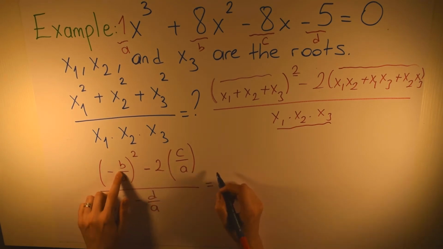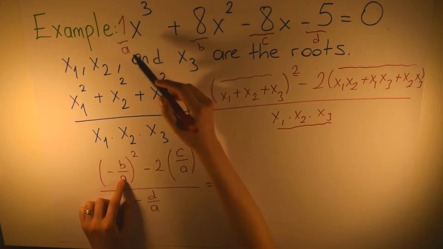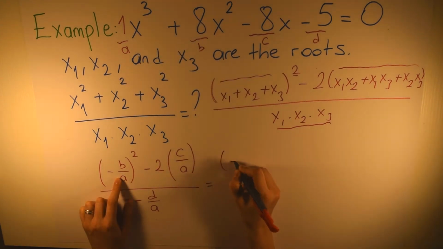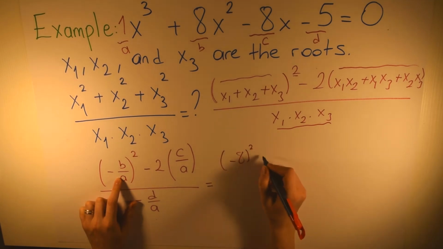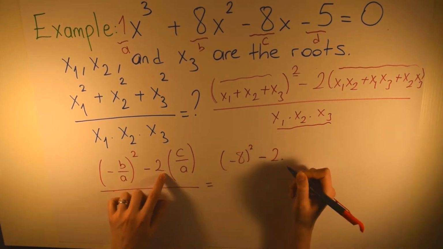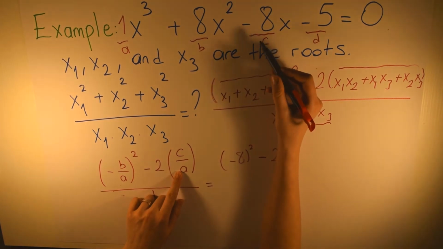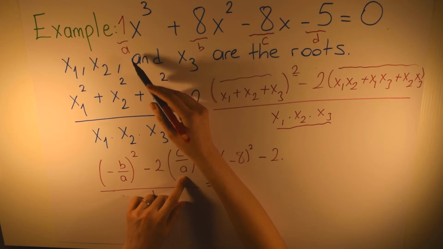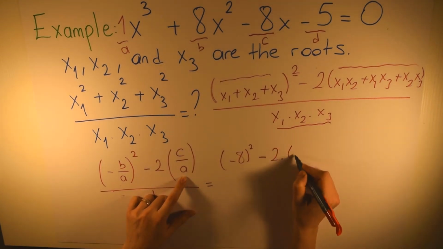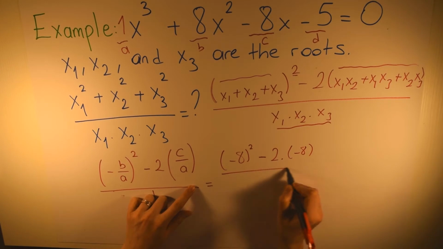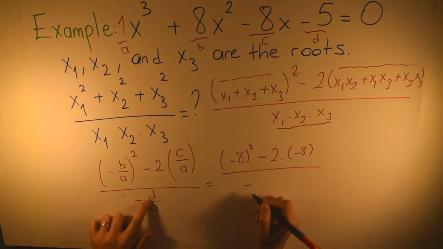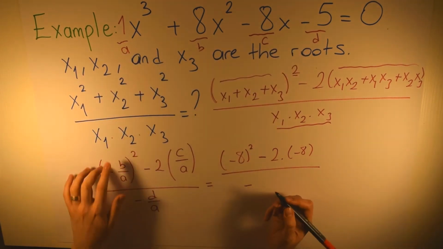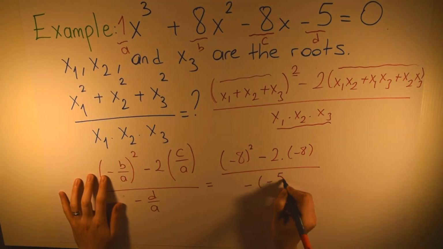So let's put them in their places. Minus b over a: b is 8, a is 1, so it will be minus 8 squared, minus 2 times c over a. C is minus 8 and a is 1, so minus 8, over minus d over a, where d is minus 5 and a is 1, which gives minus 5.